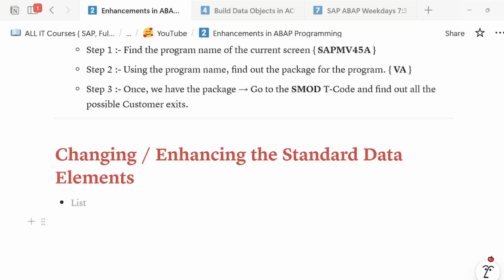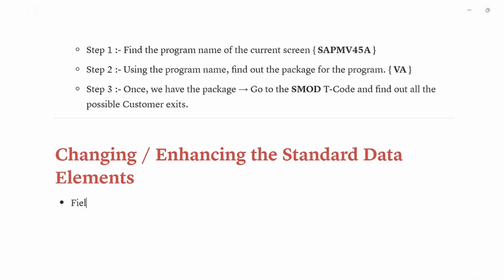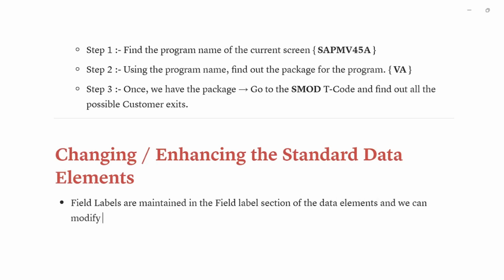So field labels are maintained in the field label section of the data elements, and we can modify them based on our requirement and use cases.